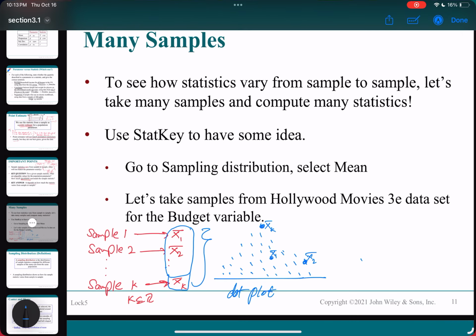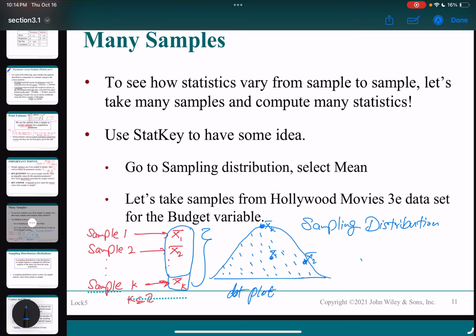So this we call a distribution. This looks familiar, right? See, bell shape. So this we call sampling distribution, because this distribution or the shape is based on sample means. Based on samples, so we call it sampling distribution.